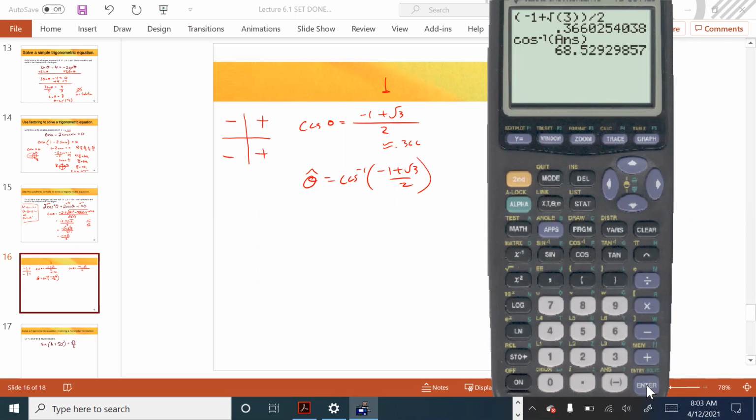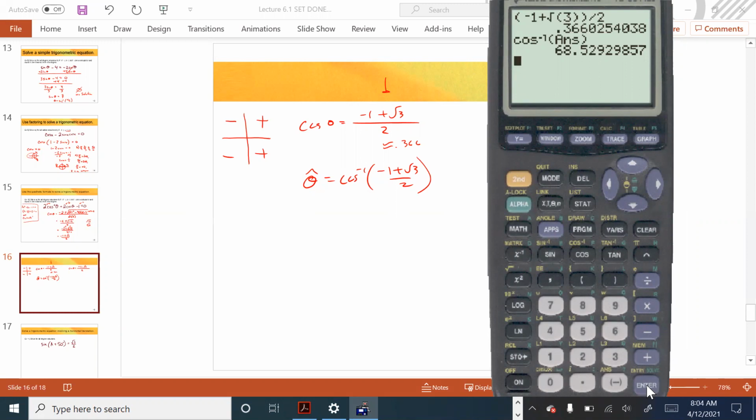Now this angle should be in quadrant 1. Okay, everybody okay there?